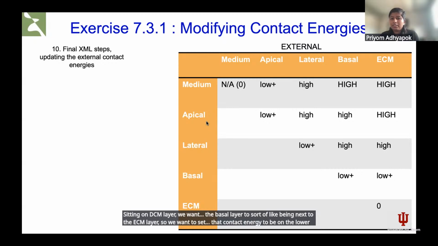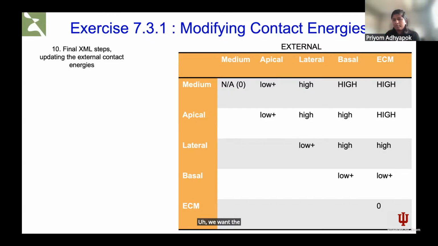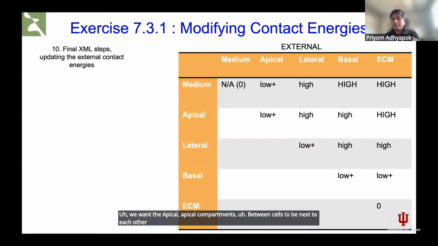We want the apical surface to be facing towards the medium, so we again want that contact energy to be on the lower side. We want the apical compartments between cells to be next to each other. The same for the lateral and lateral of 2 different cells to be next to each other, and similarly for basal to basal.